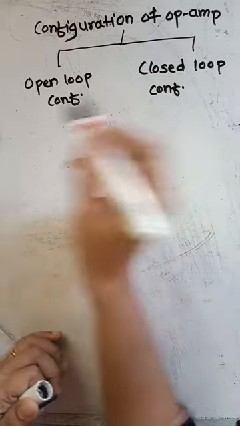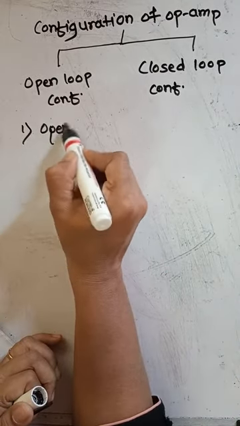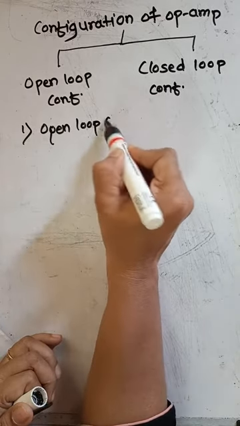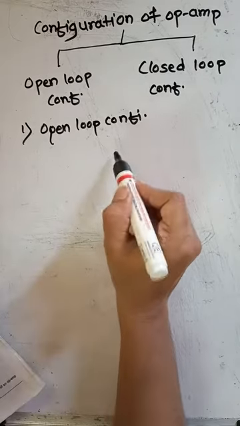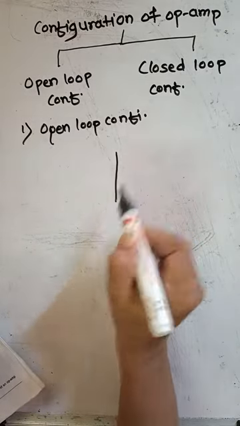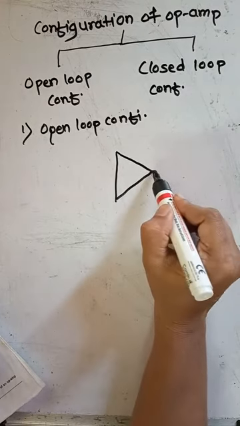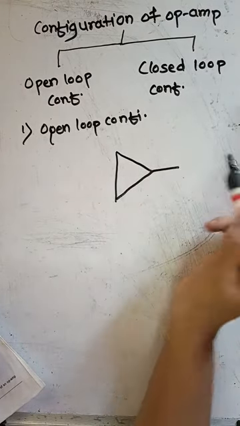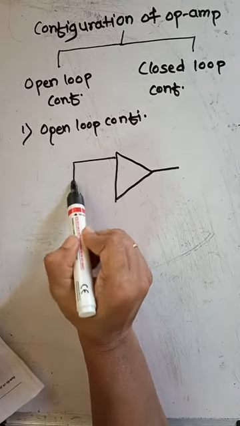Firstly we will discuss the open loop configuration. In open loop configuration, we do not connect the output of the amplifier to the input of the amplifier.